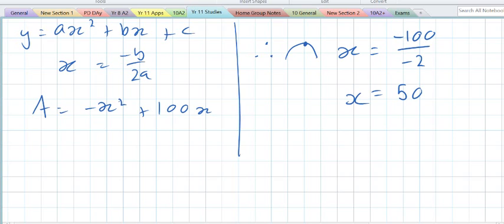Alright, so relatively simple example to start with. I'd now like to go over to the next page and look at question 9.